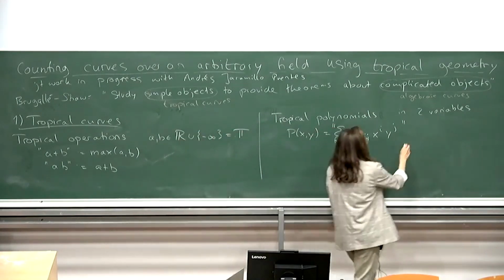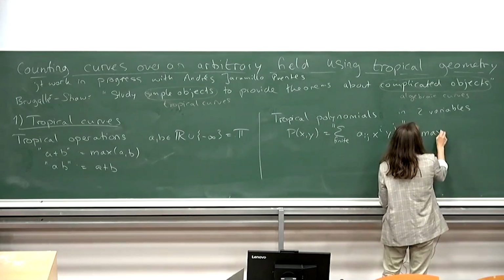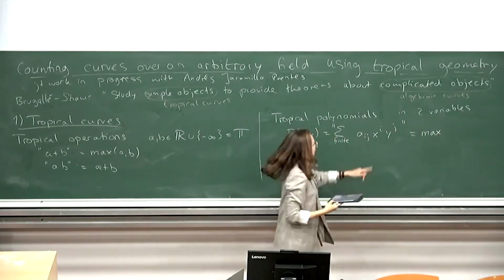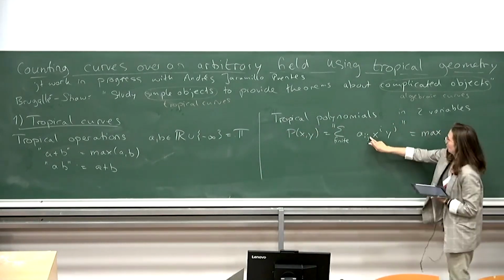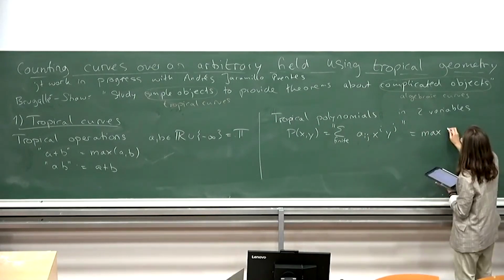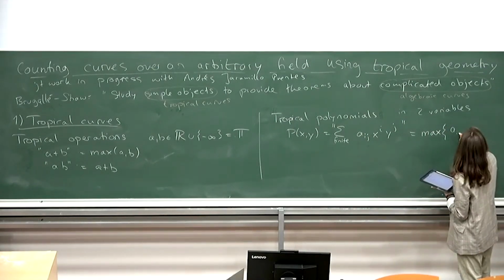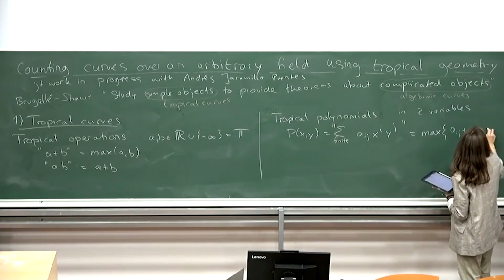Let's translate this. This is the maximum of all of these summands. And now we turn multiplication into addition. So we have a_ij plus i times x plus j times y.